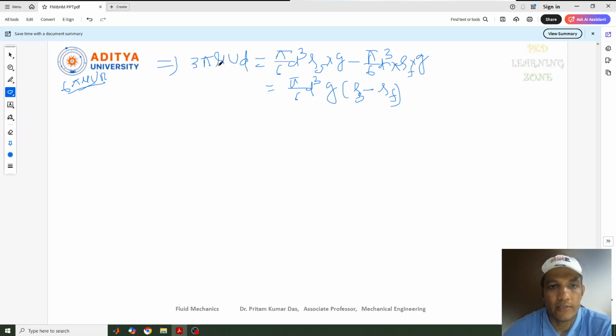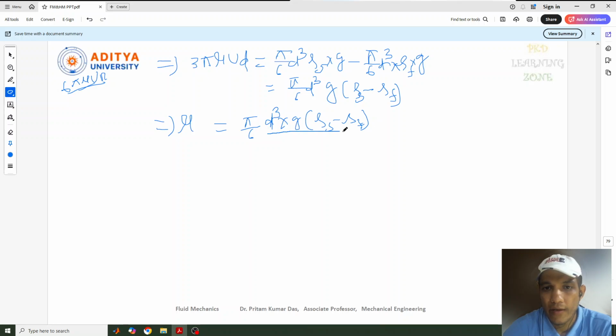So I'll keep this mu at the left hand side, and the remaining terms I'll take to the right hand side, so that I'll get pi by 6 d cubed into g, bracket start rho s minus rho f divided by 3 pi mu u d.